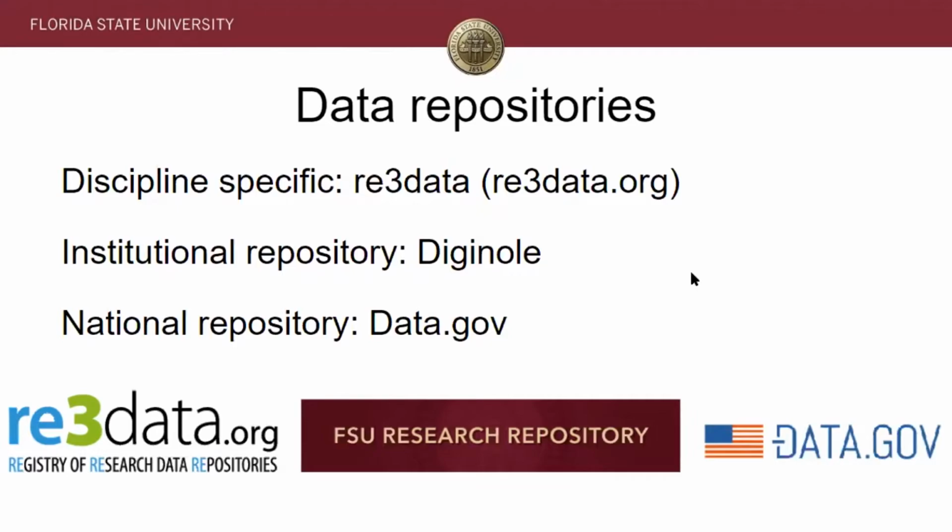And then another example is data.gov. This is a repository that contains research data produced by researchers directly working for a government agency, so somebody working at NSF or somebody working at NIH. This is a way for them internally to make that data available.